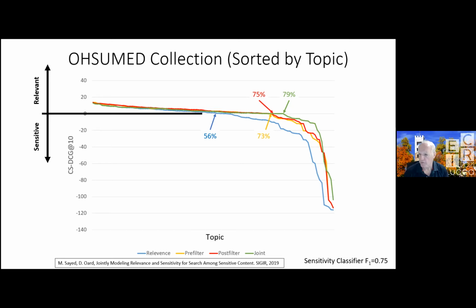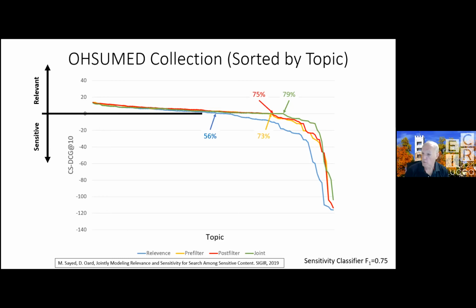And here I've got the percents on which we're doing well. So originally what I had called 50% is actually 56% if you count carefully. And the green line, the joint model, is out at 79%. And it's a small improvement over what you can get with pre-filtering or post-filtering, but you shouldn't sneeze at small improvements.